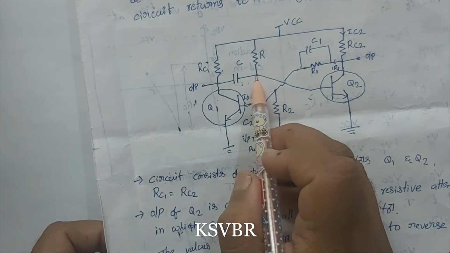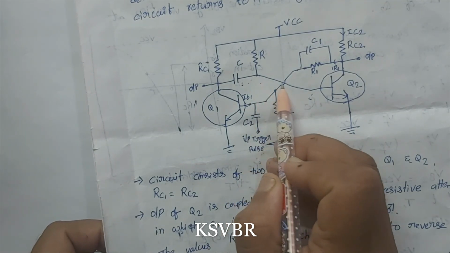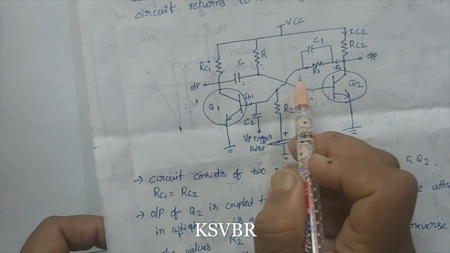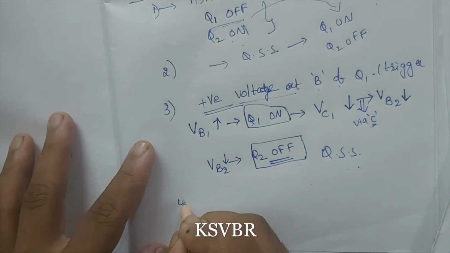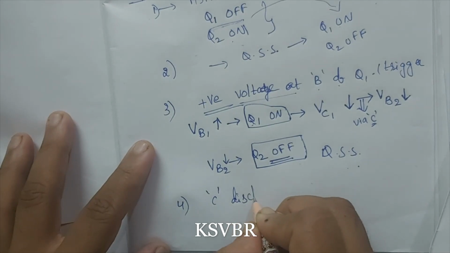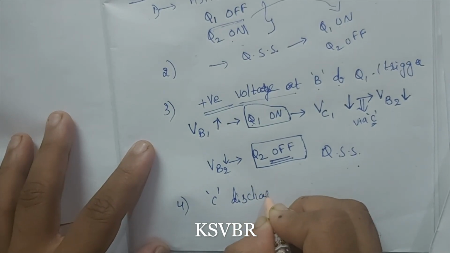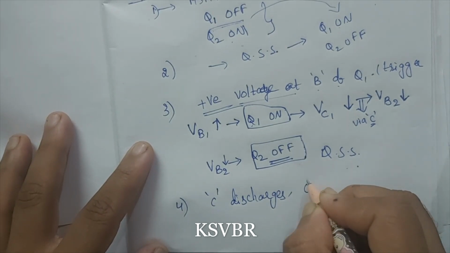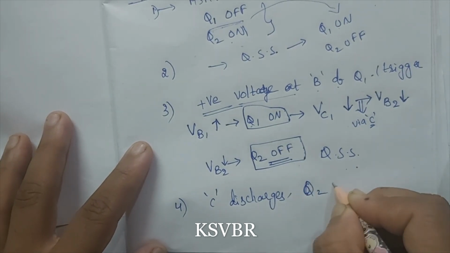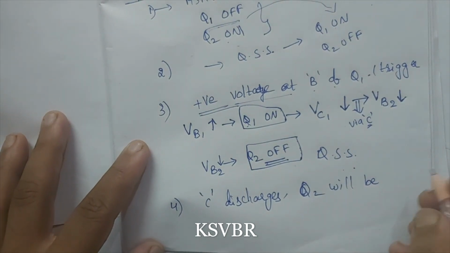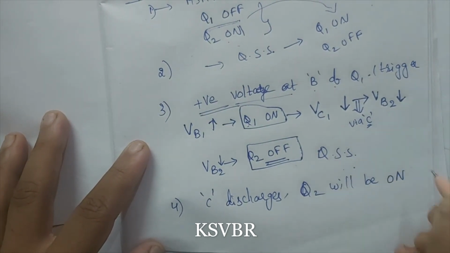Whenever it charges towards VCC, it has to discharge. It discharges through this path, and after some time Q2 transistor will be on.